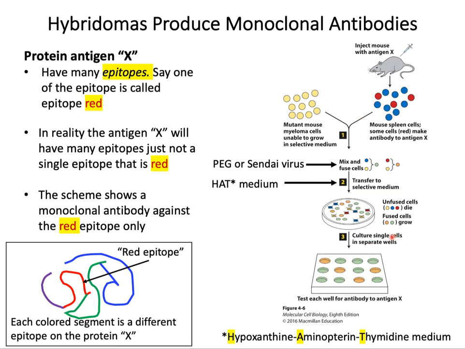Each of these fused cells, known as hybridomas, is separated into single wells in the cell culture and tested for the monoclonal antibody against the red epitope. That specific hybridoma cell clone producing the specific monoclonal antibody is now immortal and will be a permanent source for the production of the monoclonal antibody in research labs or industry, and can even be distributed to different laboratories.